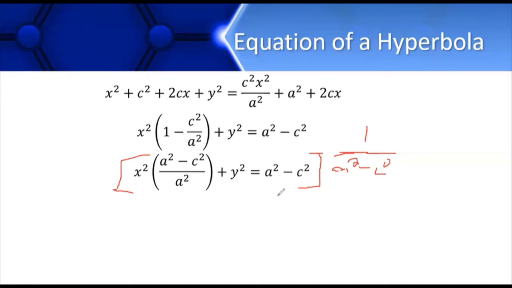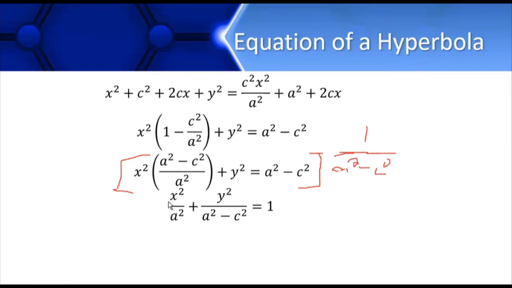Ayan. 1 over. Para reciprocal. Para itong a squared minus c squared, maging 1 na lang siya. Reciprocal. So, ang mangyayari, dun sa ating first term sa left-hand side, cancel out ang a squared minus c squared. Natira na lang ang x squared over a squared. Diba?